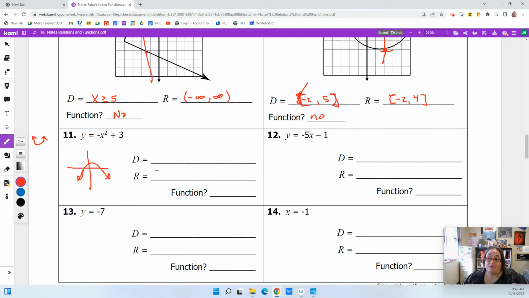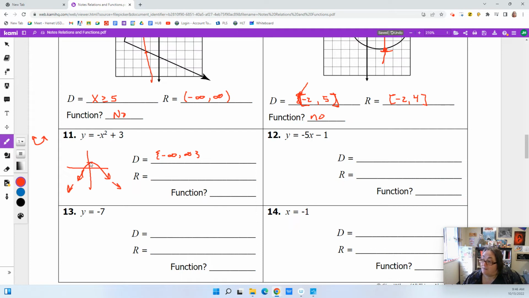And so I could tell by the vertical line test that that's a function, right? There's certain things that I know, though. Like one is that my domain, I can put in anything I want for x. How do I know that? Because my arrows go forever in this direction and forever in this direction.